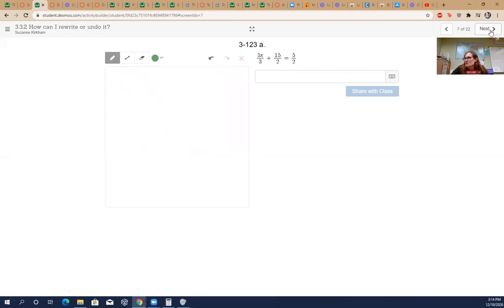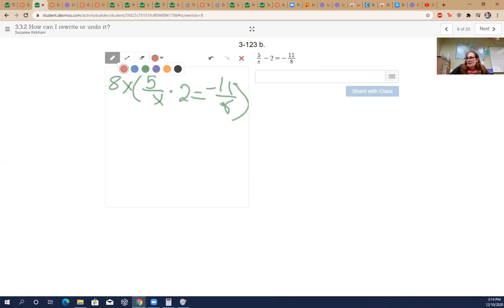All right, page 8. Same thing. We just look at the denominator. We have an x here, and we have an 8 here. So that means we need to multiply the whole entire thing by 8x. So 8x times 5 over x minus 2 equals negative 11 over 8. The first one, we've got an x but not an 8, so we multiply it by 8.